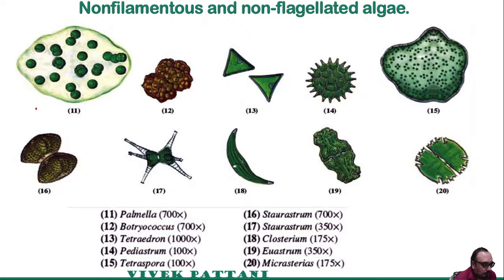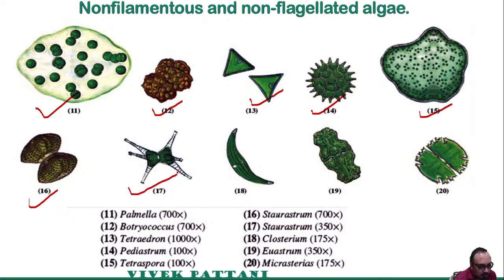Next comes the eleventh one, Palmella, twelfth one is a Botryococcus, thirteenth one is a Tetradron, fourteenth one is a Pediastrum, fifteenth one is a Tetraspora, sixteenth one is a Staurastrum.